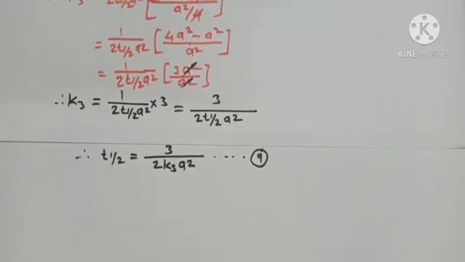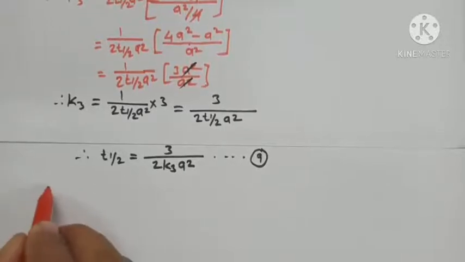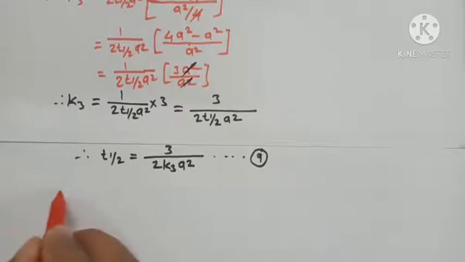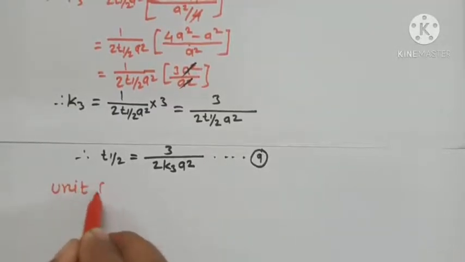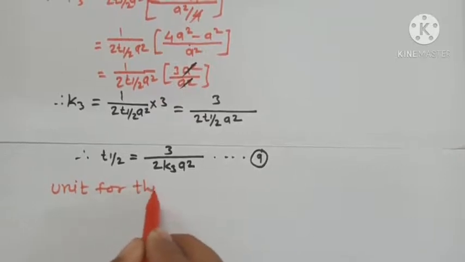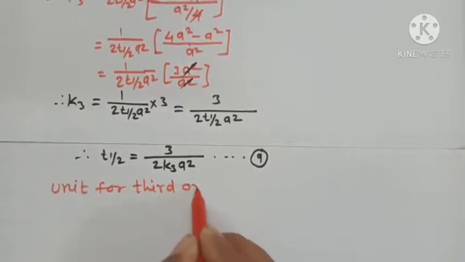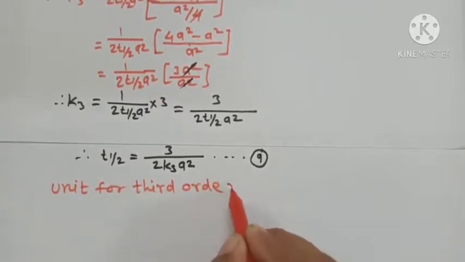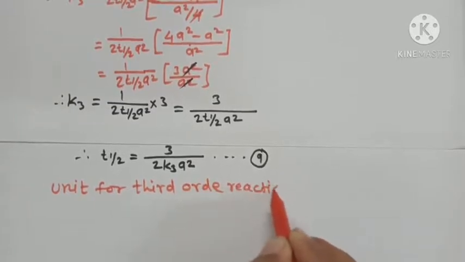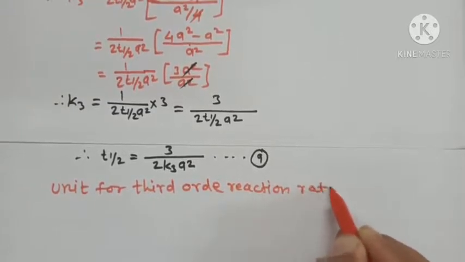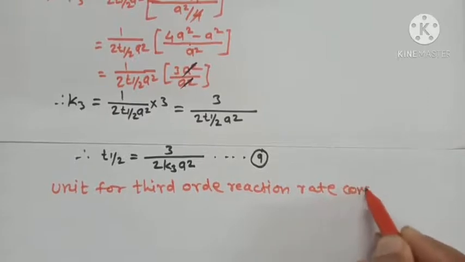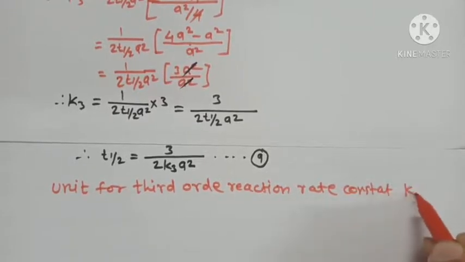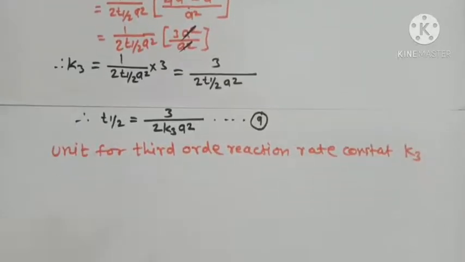Okay, you can derive the unit for third order reaction rate constant k3, and we will take this equation.